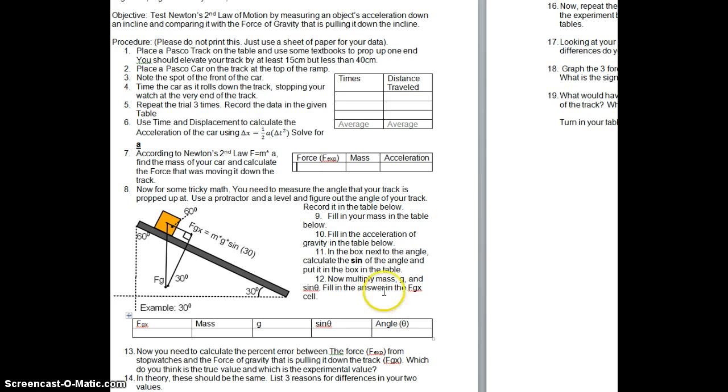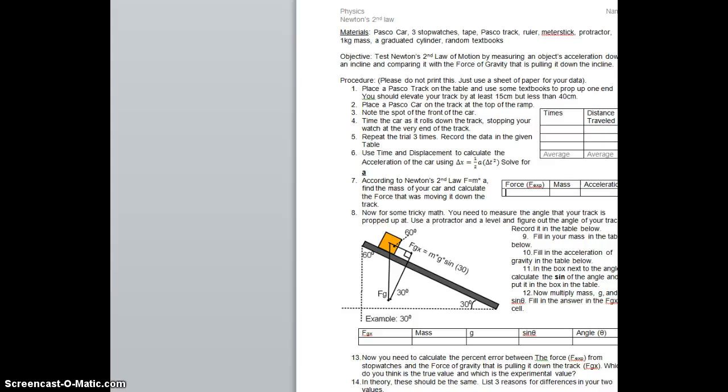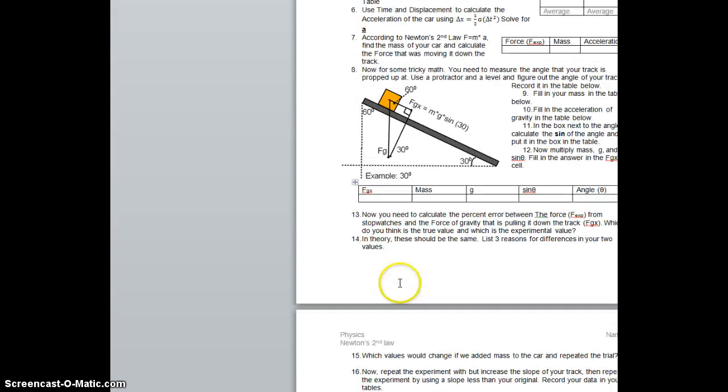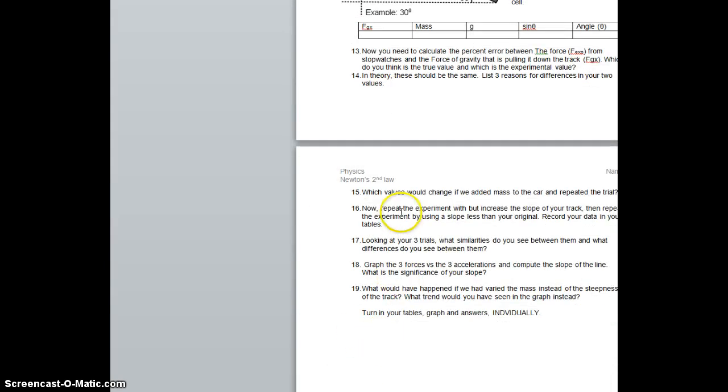Let me go sideways here so you can see these questions. And then you're going to answer these questions, and then I want you to repeat the experiment twice. Once where the slope is greater than the original, and once where the slope is less than the original. So you're going to either add textbooks or take away textbooks.